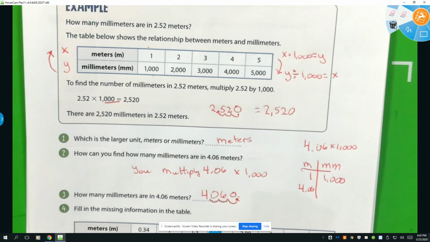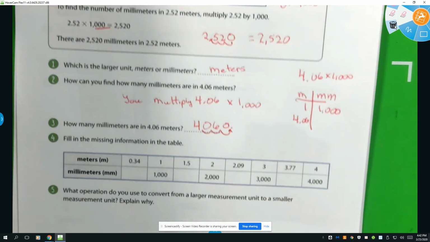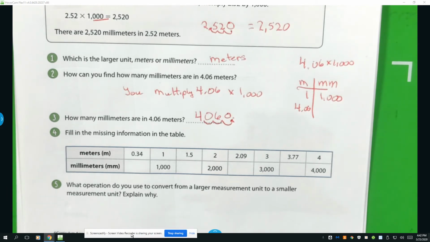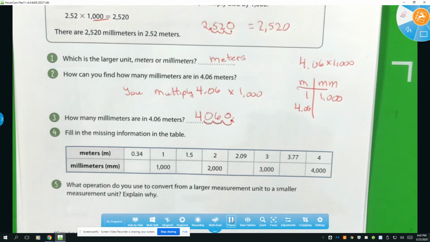4,060. All right, what I want you to do, you're going to fill in the missing information on the table. Okay, just write what the answer should be really quick. So while you're doing that, I'm going to come down here. See if I can move this out of the way.